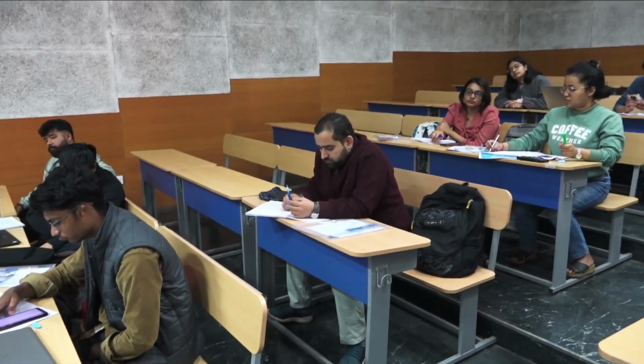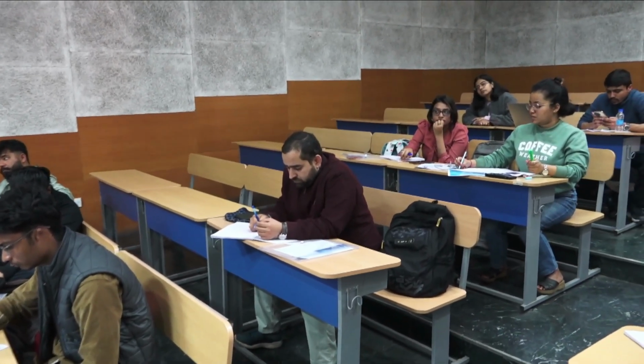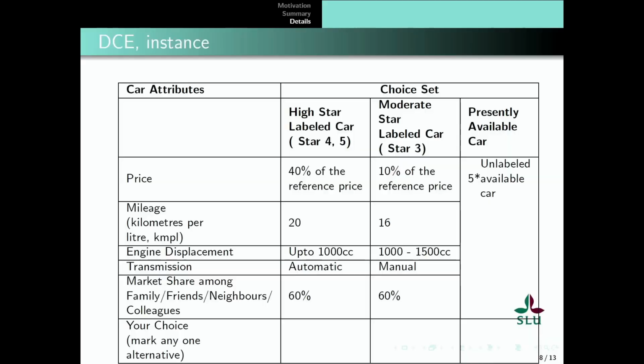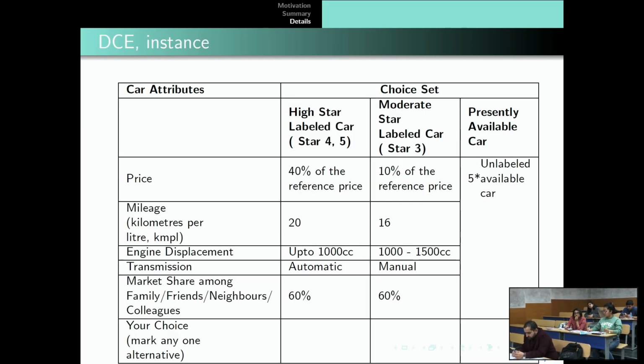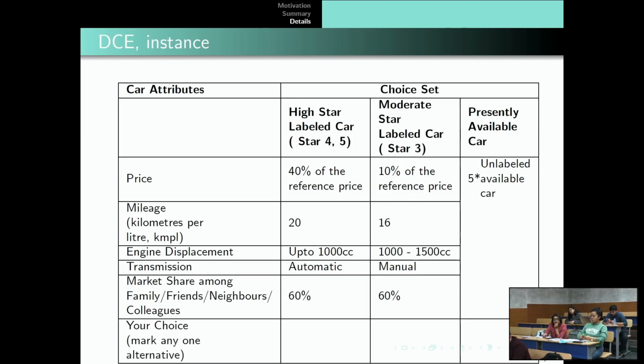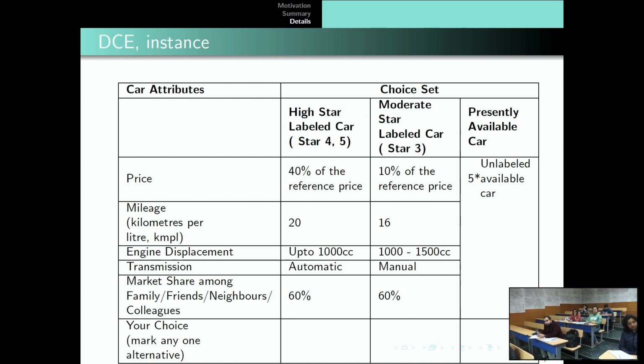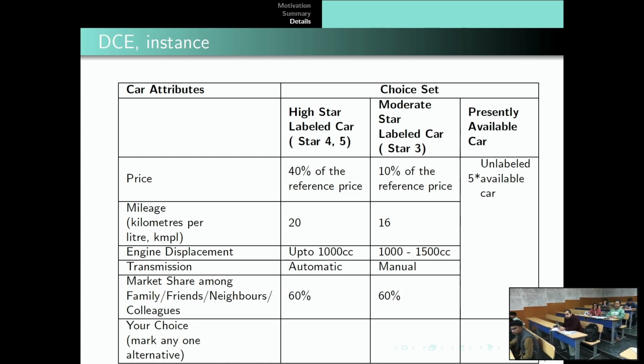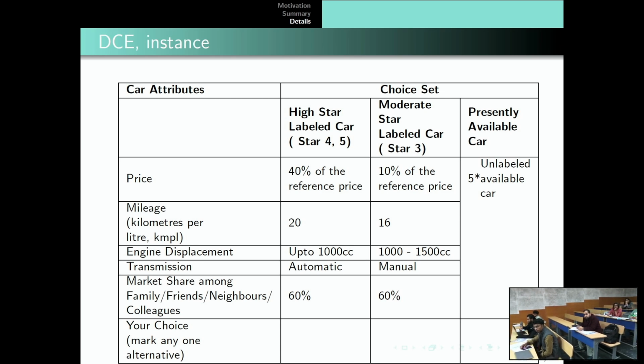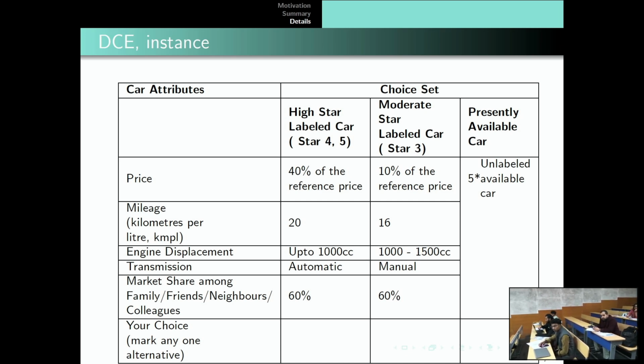There we said, imagine that you are going to decide between car A, car B, car C, where car A has this price with this mileage, this engine, this transmission, and 20% of the people will be buying it. But we start from the beginning with, these are cars that are not yet in the market, right? So imagine that was the situation.